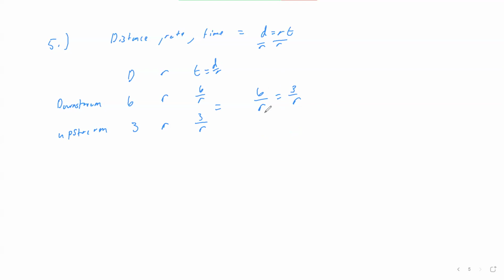So if I have 6R over 3R, I'm trying to make these equal to the same.